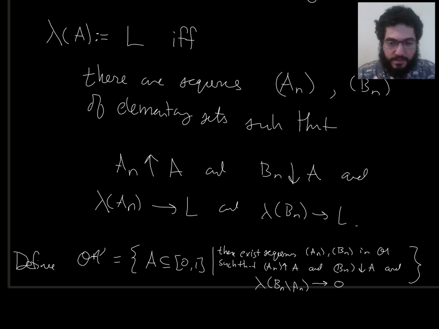So here is a larger set than the original A, script A. This one consists of not only the finite unions of intervals, but it consists of those sets that can be reasonably approximated by finite unions of intervals from above and from below, kind of from the inside and from the outside.